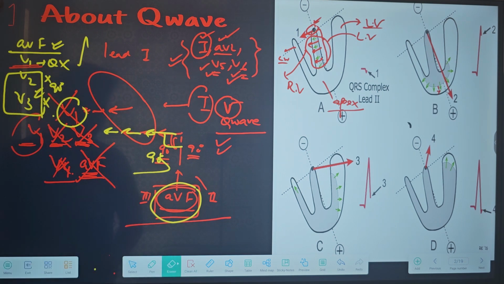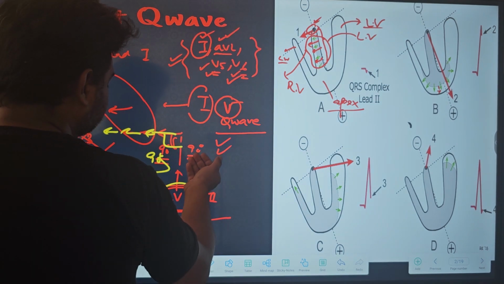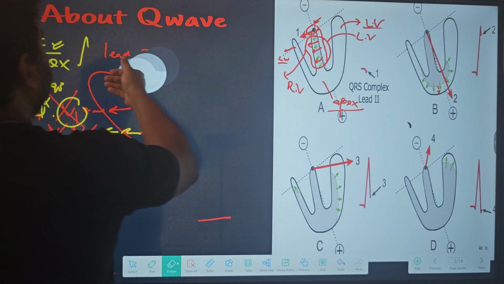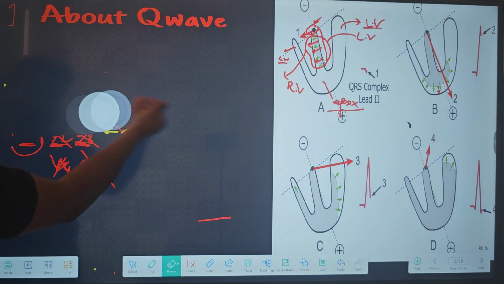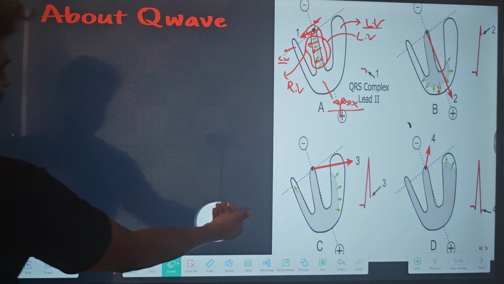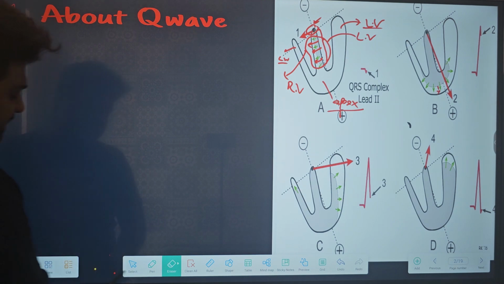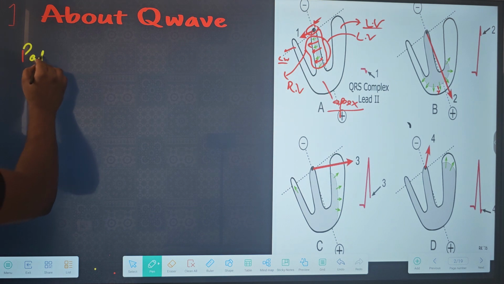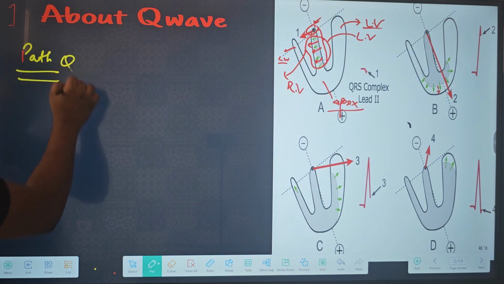So what is the point of understanding these things? The point is that now we can define what a pathological Q wave is. When we say that a Q wave is pathological, the following points must be present.